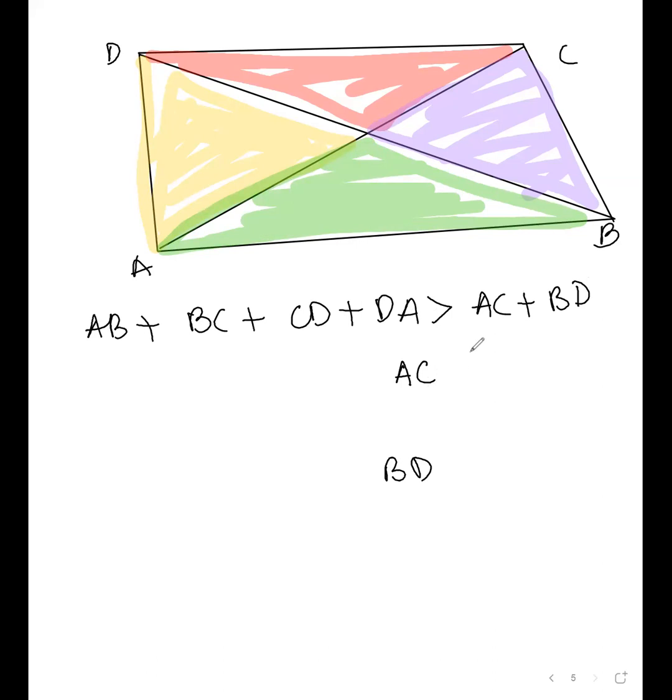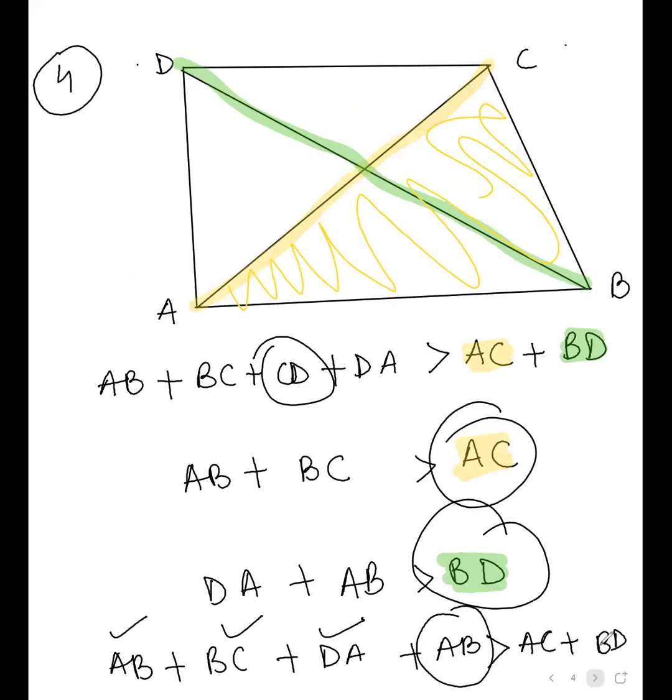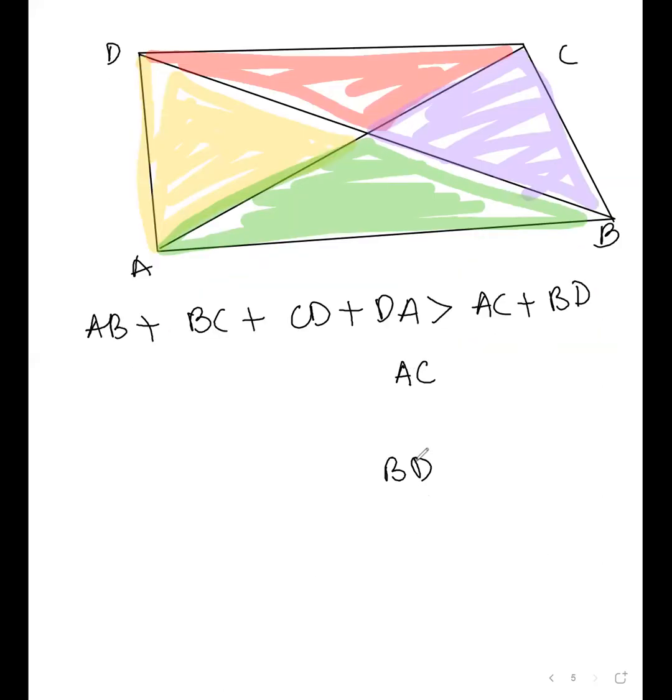Just like previously we had AC and BD, over here also we're going to look at AC and BD. But now we're going to see AC. Just take a look at AC. AC can be divided into, let's say you can call this center point O, not middle exactly, but this point over here, let's call it O, fine.